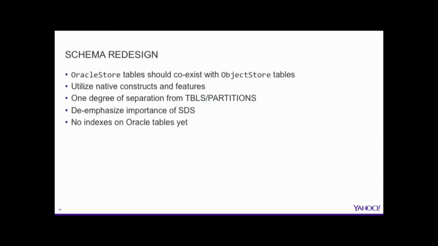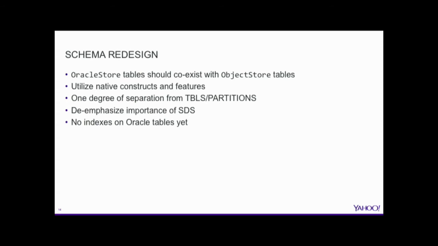So with this information, we can go ahead and design hopefully a much more performant schema that reflects what we just found out. And because we're no longer tied to the constraints of DATANUCLEUS, we can use some of the native constructs and features that are available to us by interacting with Oracle directly.